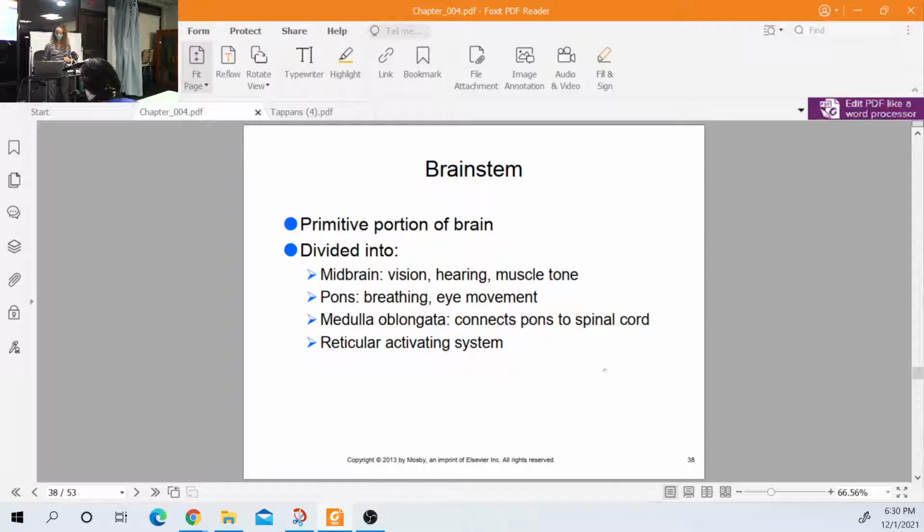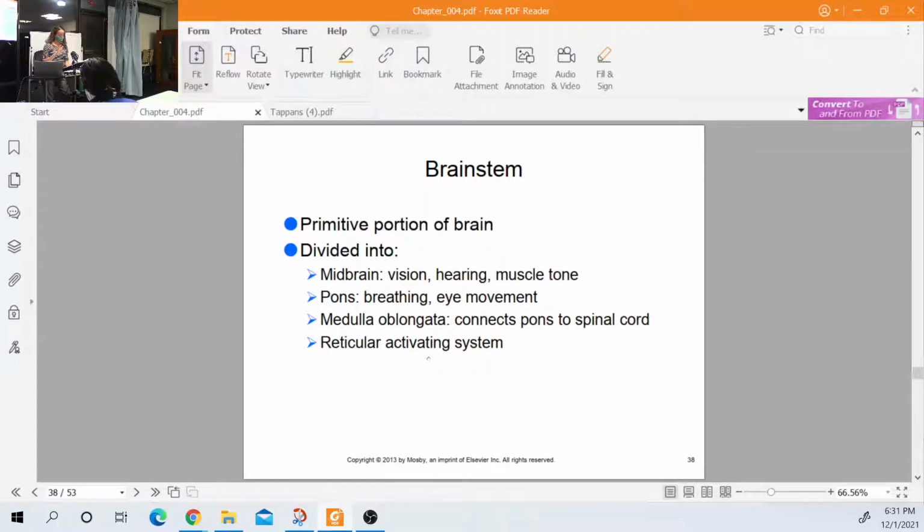So the midbrain, for example, deals with vision, hearing, and muscle tone. The pons helps us coordinate our eyes, our breathing, and our facial expressions, and therefore it's also in our REM sleep when our eyes are blinking during dreaming. Our medulla oblongata connects the pons to the spinal cord.